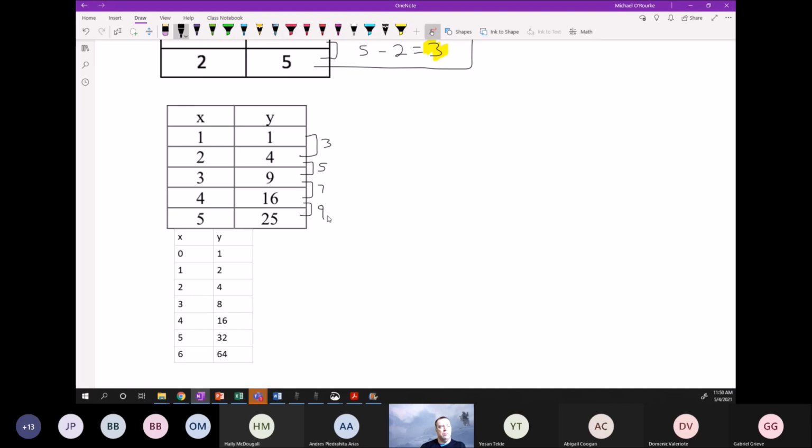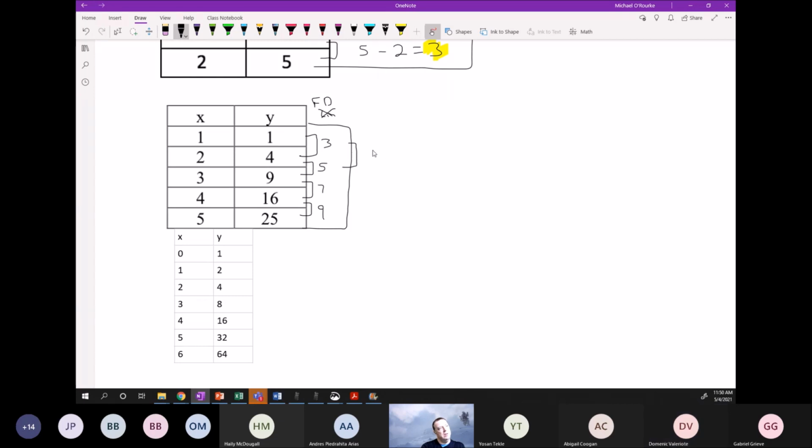Are all those equal, yes or no? No. So we know it's not linear. This is our first difference. So linear is not it. So we're going to do second differences now.